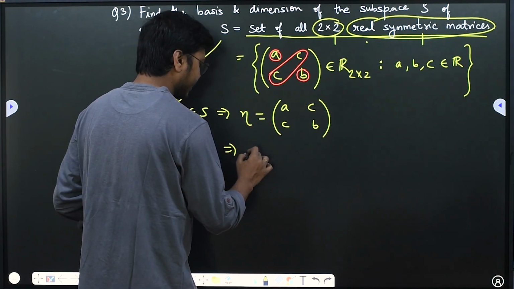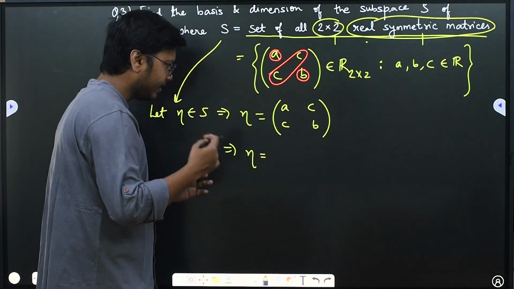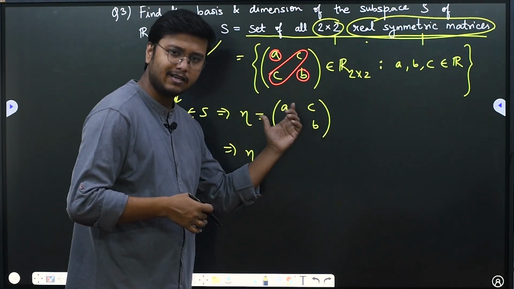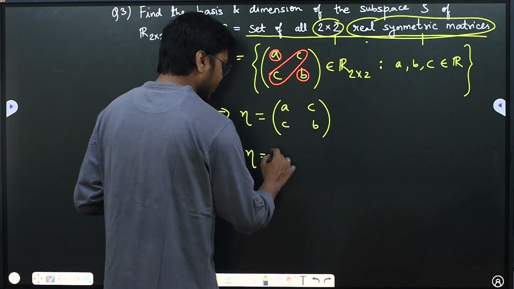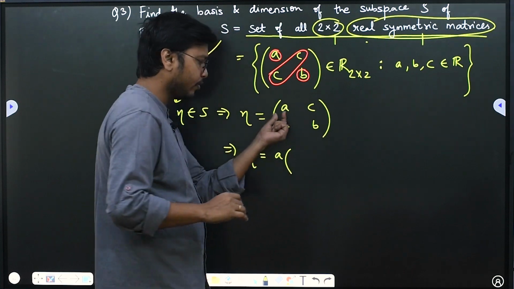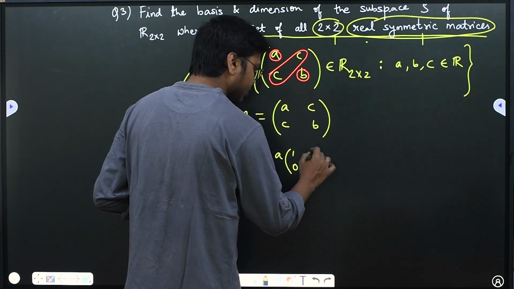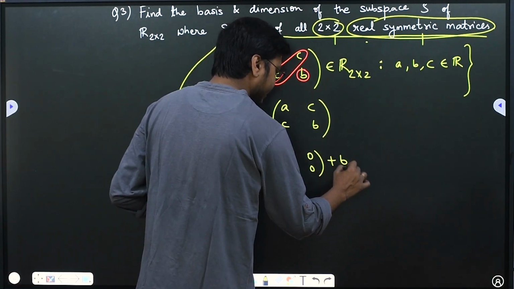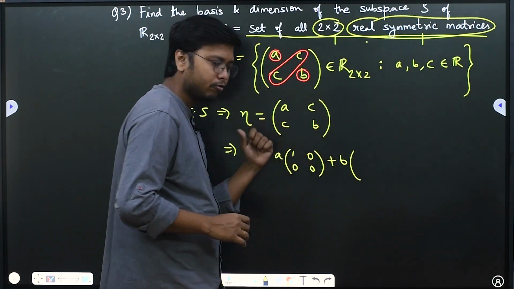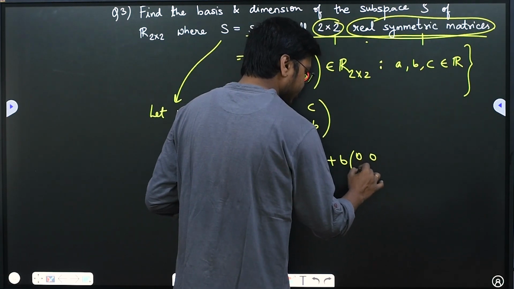I want to take the independent variables common out of it. If I take A common, I have A only in the first position, the rest I don't have any A, so [[1, 0], [0, 0]]. If I take B common, B is only in the 4th place, so [[0, 0], [0, 1]].